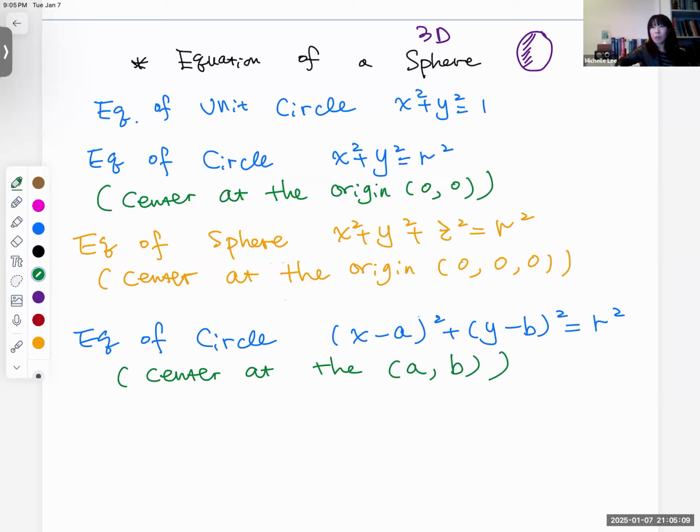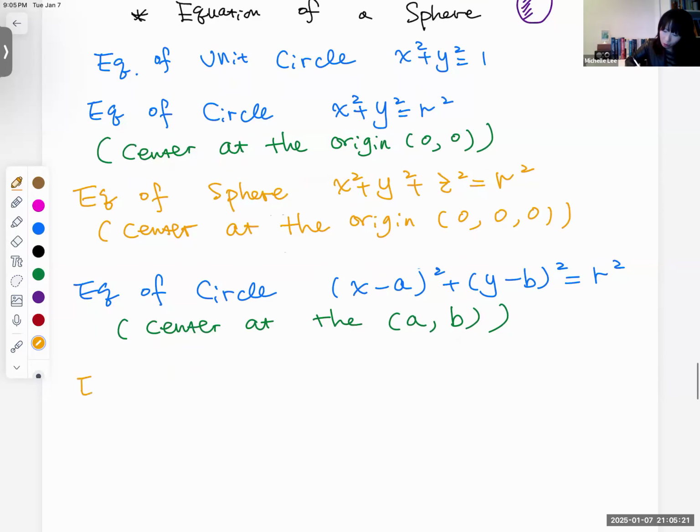How about a sphere that has a center at (a, b, c)? Same format. So the equation of a sphere: we have x squared plus y squared plus z squared equals r squared, and we insert a, b, c.